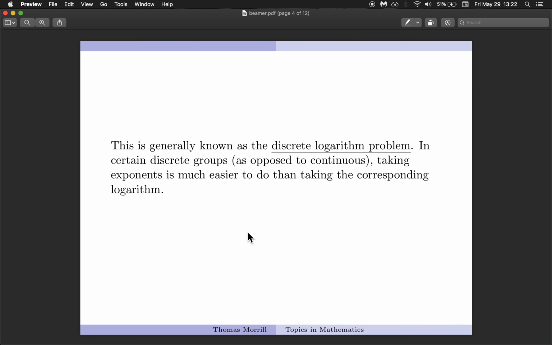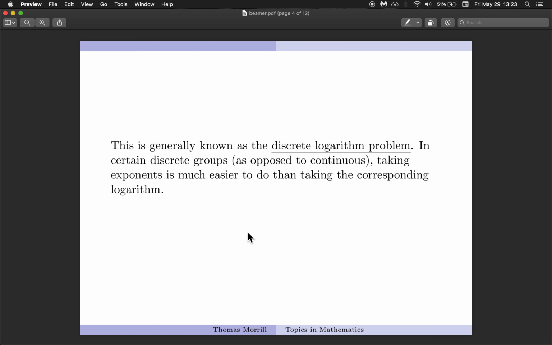And in discrete groups, so groups that are based on modular arithmetic, it's generally the case that the logarithm is hard, while exponents are easy. People call this the discrete logarithm problem. They'll say, can you solve the discrete log problem in this group?